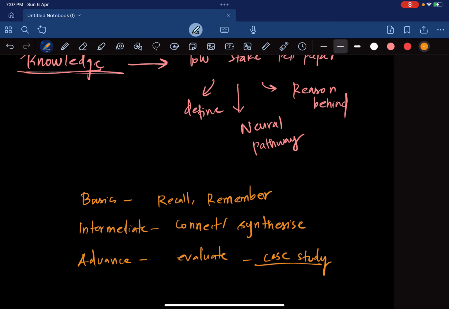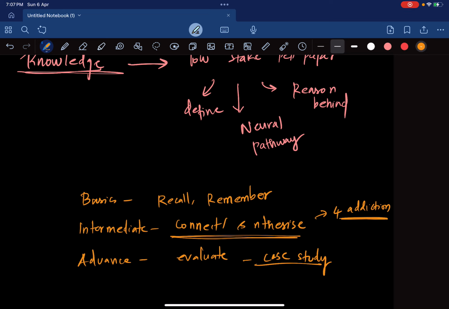This case study could explain someone having a severe withdrawal symptom as a result of addiction. For connecting and synthesizing, it could be regarding the 4 different parts of the brain that are involved in addiction. A learner may be asked to explain how these four parts are interconnected.